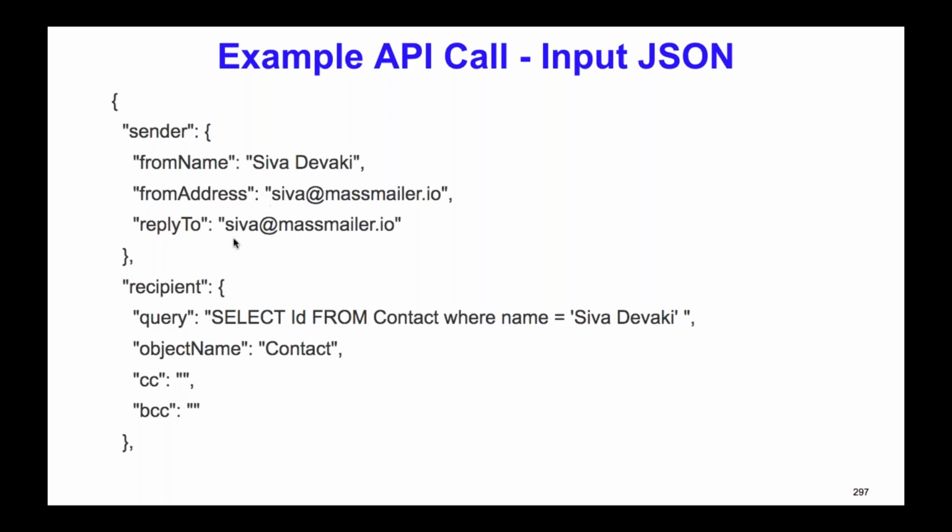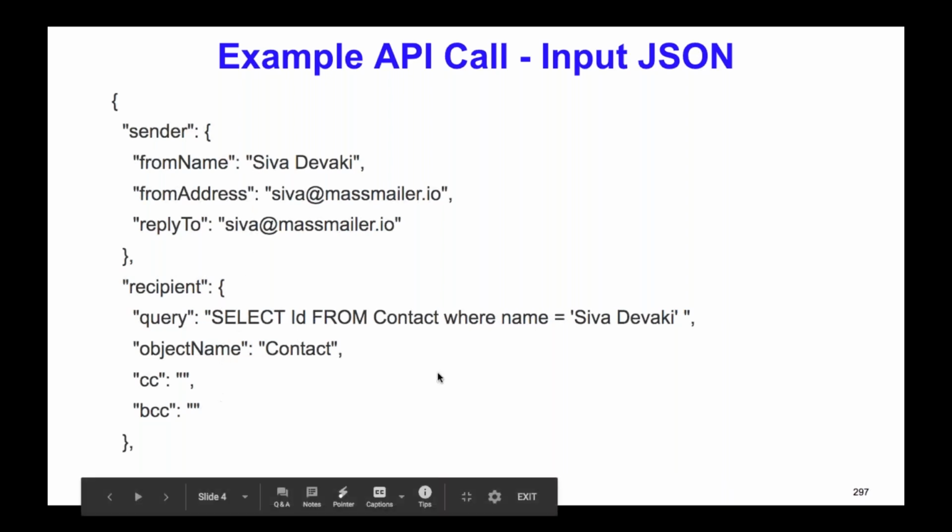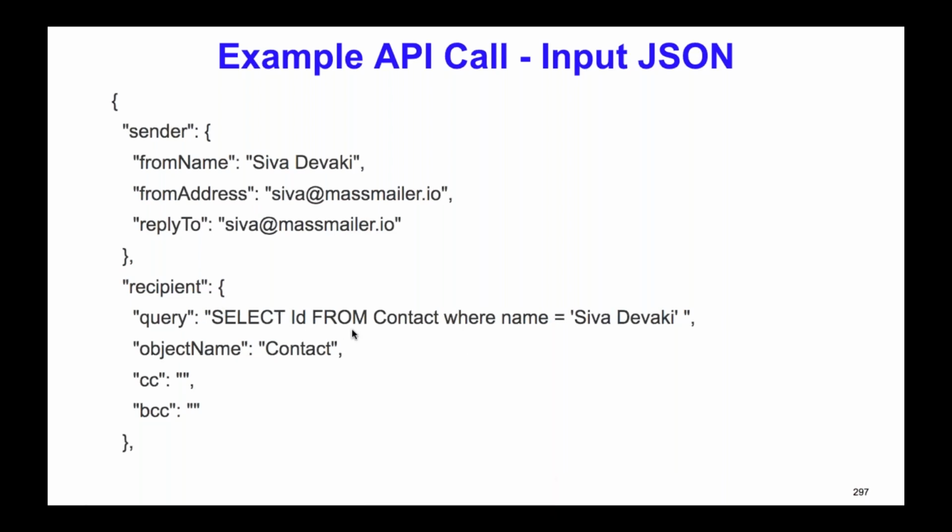This is the information that you're going to pass. Similarly, the recipient information, who is actually going to receive it. For the query, you need to pass the query and the object you're trying to send emails to. The object should be the Salesforce Developer API name.